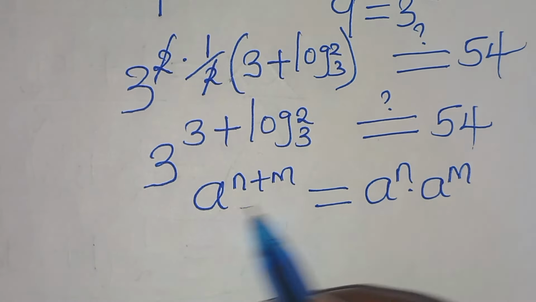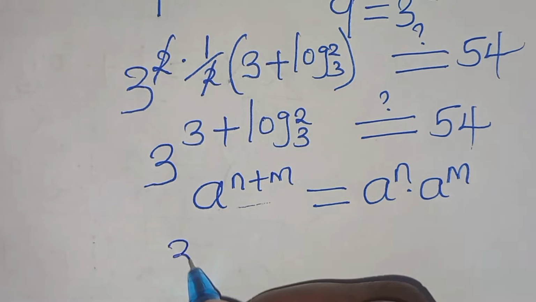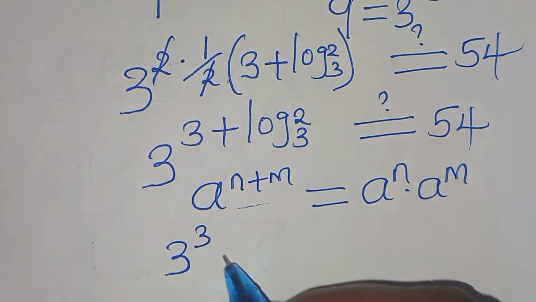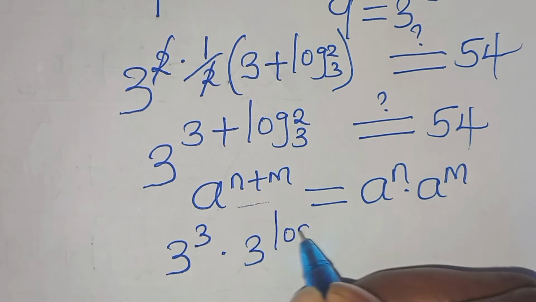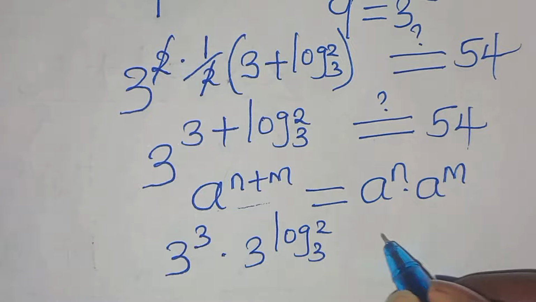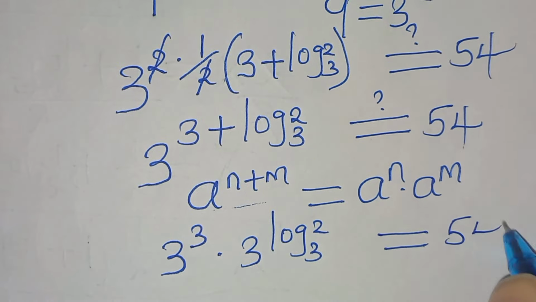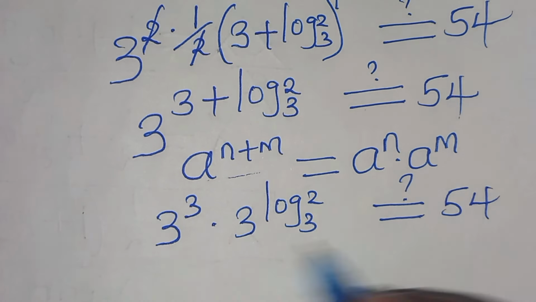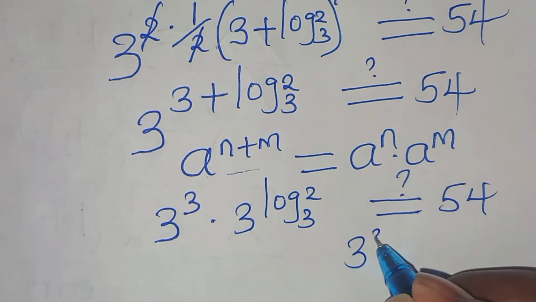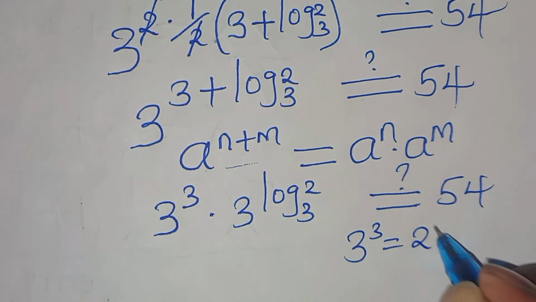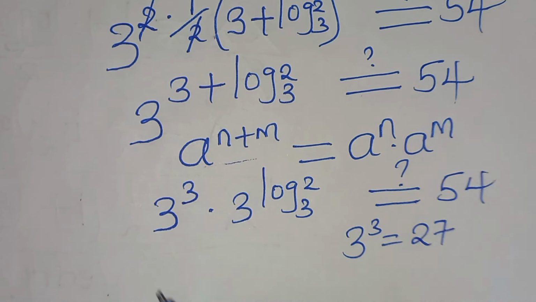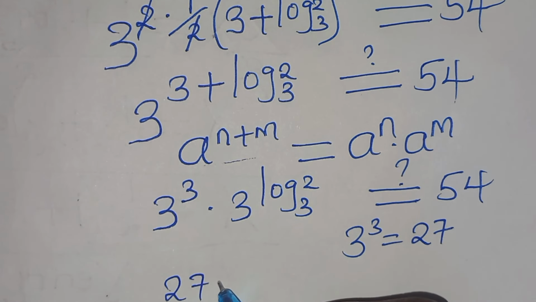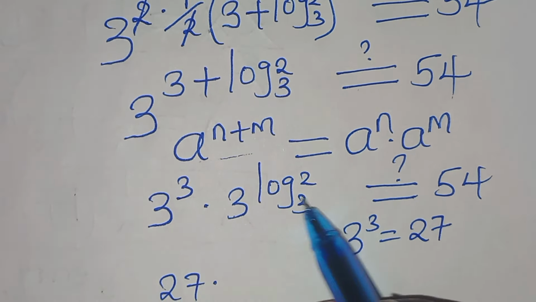Now applying this exponent property, here we have 3 to the power of 3 times 3 to the power of log 2 to base 3. Now we have that 3 to the power of 3 is the same thing as 27. So we have 27 multiplied by 3 to the power of log 2 to base 3.